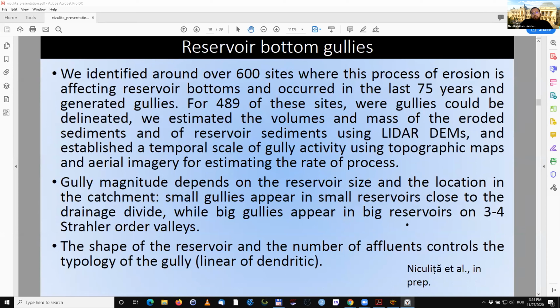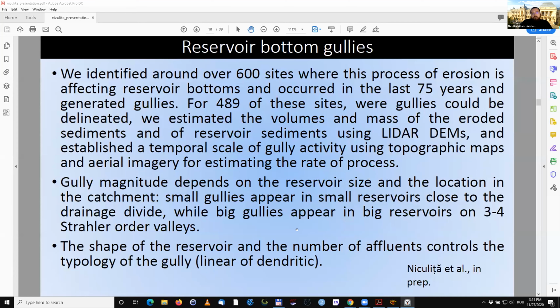Basically, for almost 500 of them, we were able to delineate them in a semi-automatic manner to estimate the volumes and also to establish a chronology. We have found that gully magnitude depends basically on the reservoir size, it's logical, and also on the location in the catchment, because the discharge at the high flows is the one that generates these gullies.